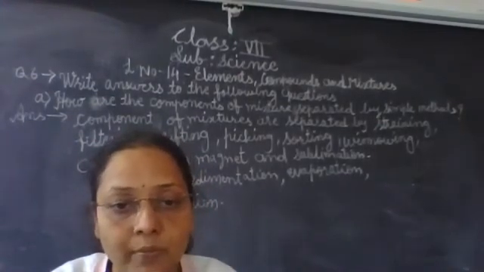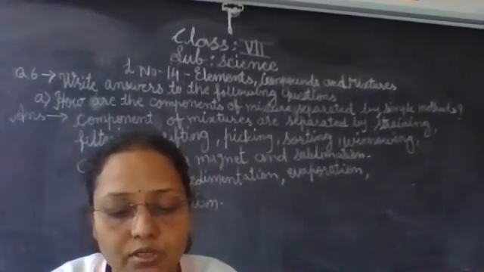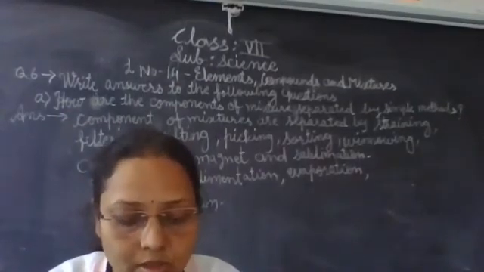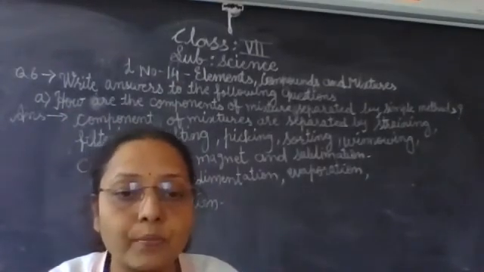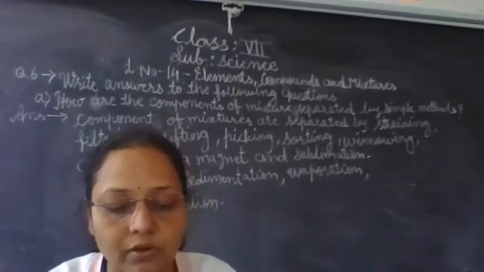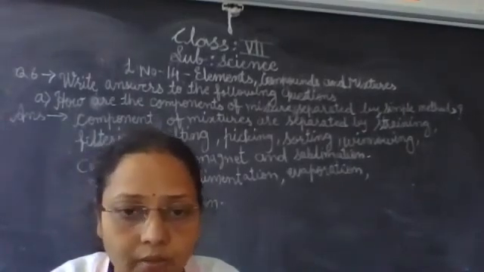Then third is the evaporation method. It is used for recovering dissolved solid substances from solutions by evaporation method. So sugar can be recovered from sugar water by evaporation method. Okay.